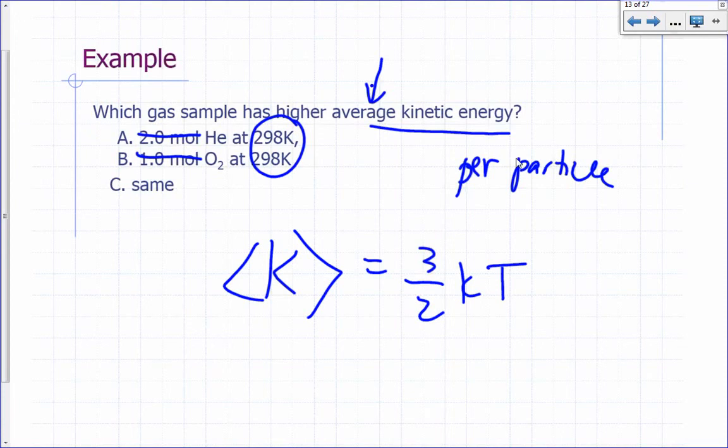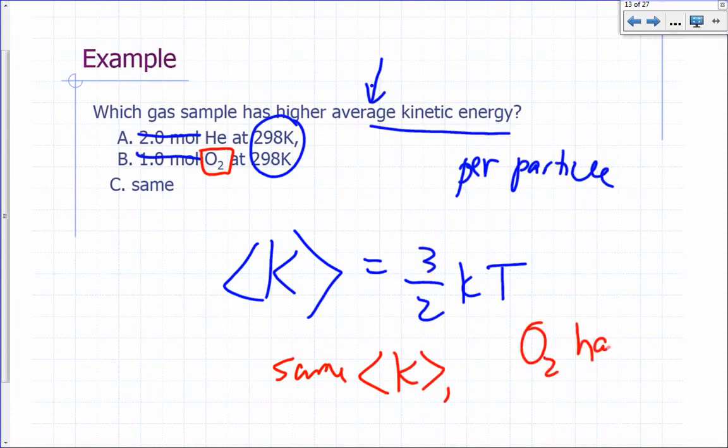They have the same average translational kinetic energy, but O2, in addition to translational kinetic energy, has rotational and vibrational kinetic energy because that's a molecule. Whereas helium is an atom, it will not have vibrational and rotational kinetic energy. So the answer would be B. Okay?